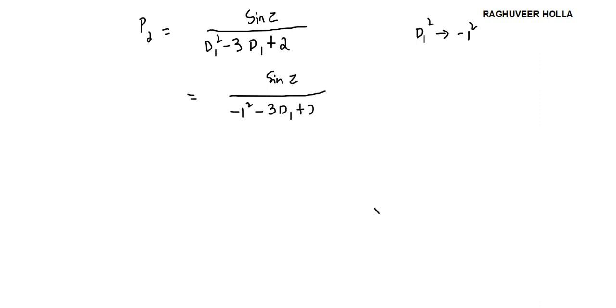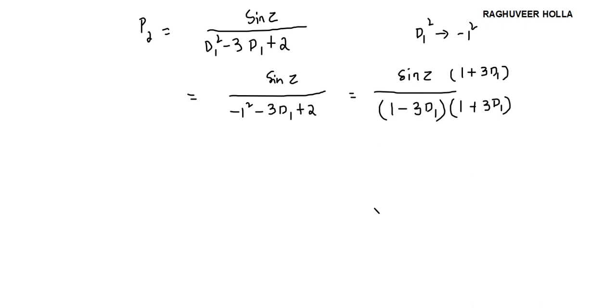Further, if I simplify this, I get sine z divided by 1 minus 3 d1. Still we have to find, so let us multiply and divide by 1 plus 3 d1.